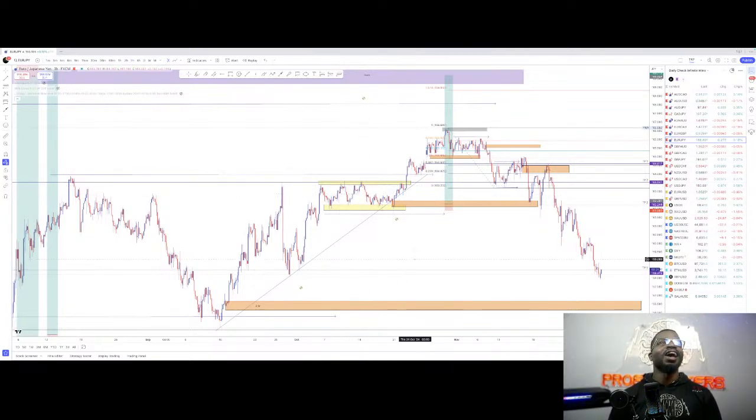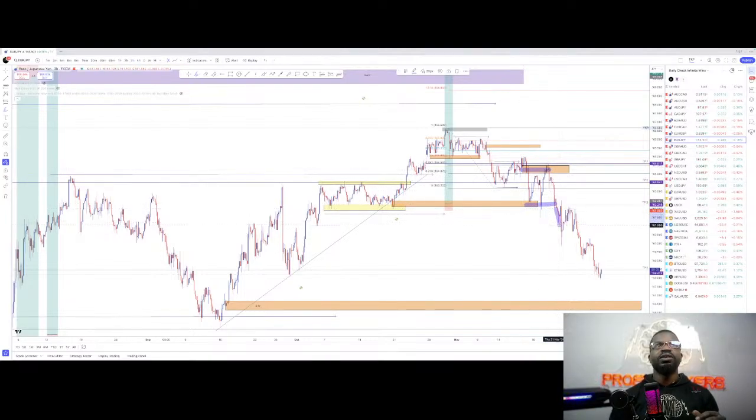But I said reactive in this case because with trading, we can get an idea of, like I said, key levels, but you really don't know when it's going to happen. Now, in this case, this was also consolidation.